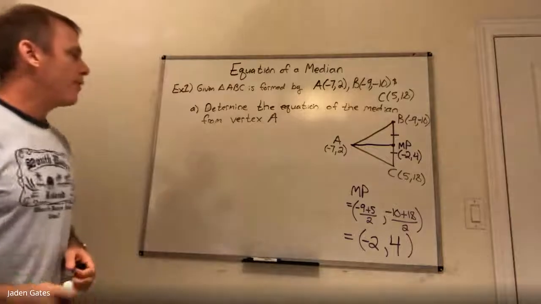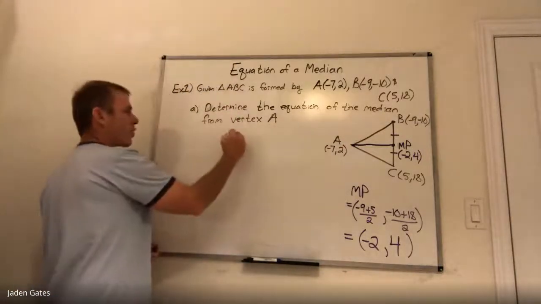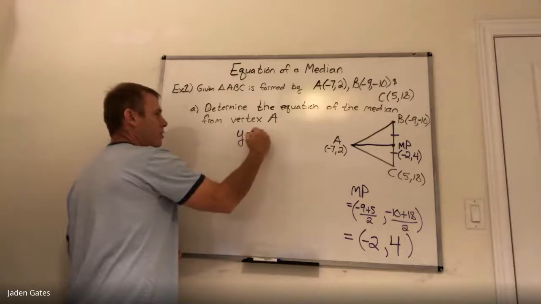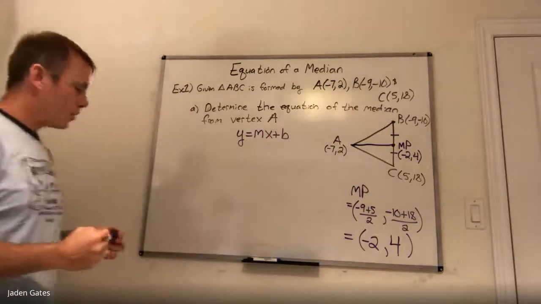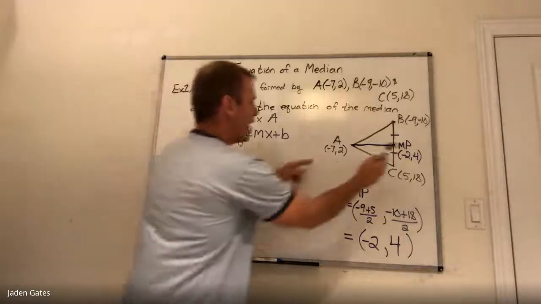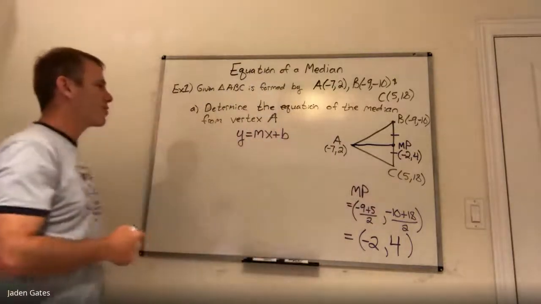Now I want to find the equation of this purple line. And again, the equation of a line is always going to be, or mostly always in the form, y equals mx plus b. So what I can do is, because I have the coordinates of 2 points on the line, I can find the slope.